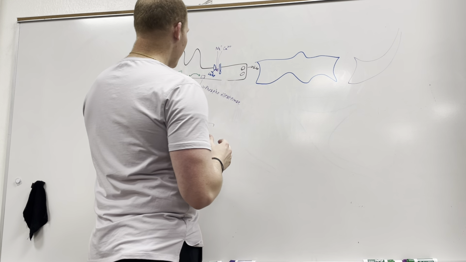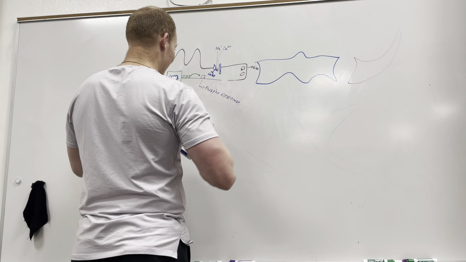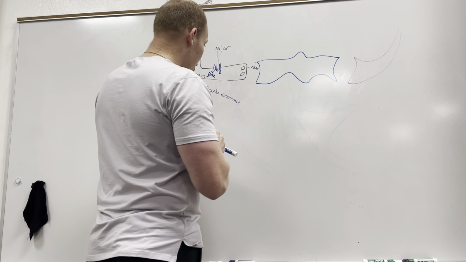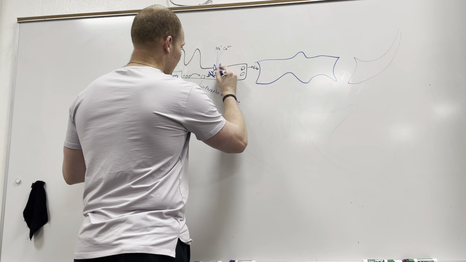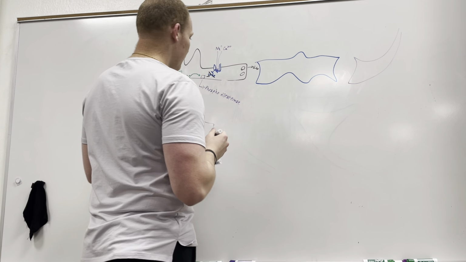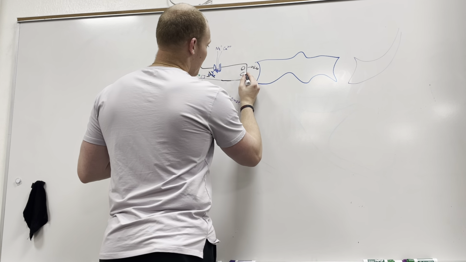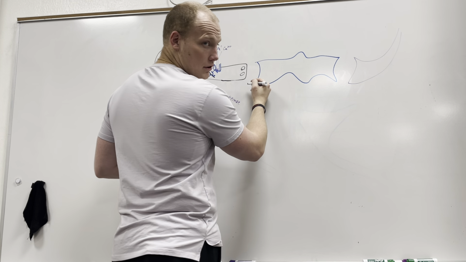So what happens is phosphodiesterase will come over, I'll do it in black here, and it'll take out that cGMP, closing this. So now that's closed, and we stop getting glutamate into the synapse, less glutamate.